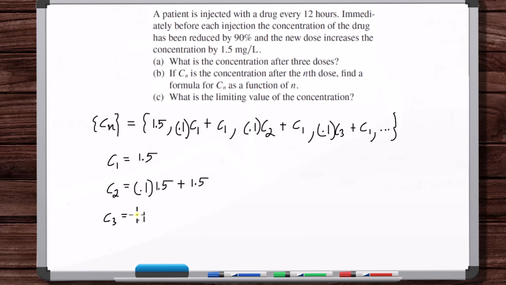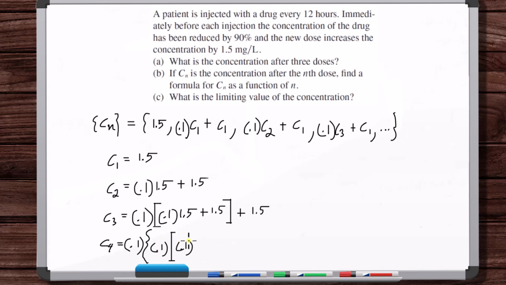So 0.1 times C sub 2, then plus 1.5. Okay, let's go one more. So C sub 4 is 0.1 times C sub 3, all of this. So let's make sure we get all of this.